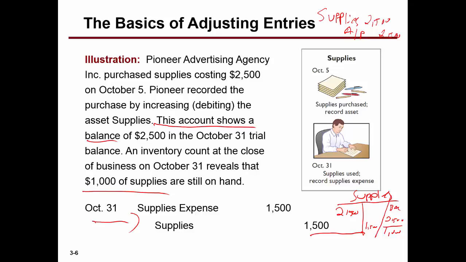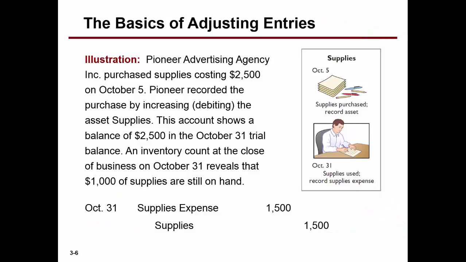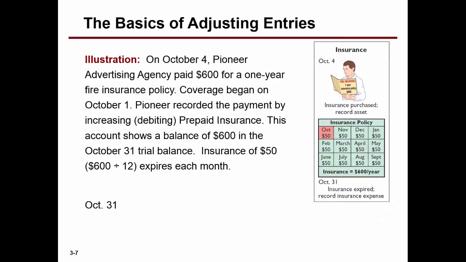Okay, good. You come over and you take a look at this next one. And in this one, they pay $600 for insurance. When they pay $600 for insurance, it's to cover how many months? How many years? 1 year.